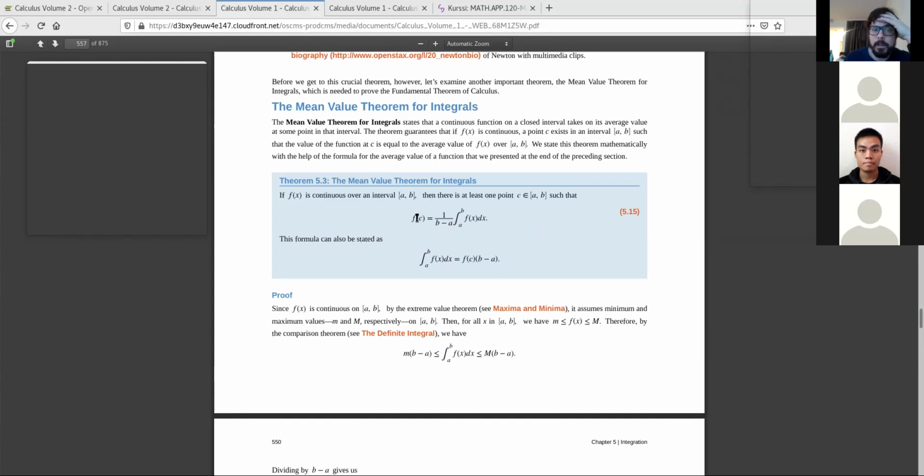And there is a point between a and b such that f at c is exactly equal to that average. We can also state this in such a way that there is a value c between a and b such that the integral from a to b of f of x dx is equal to f of c times b minus a.